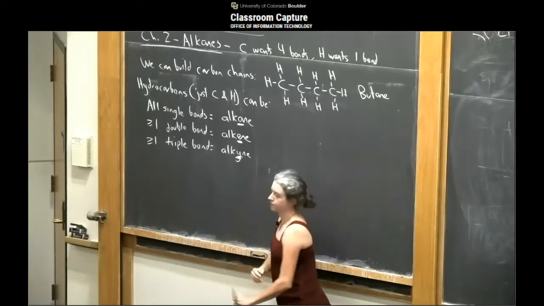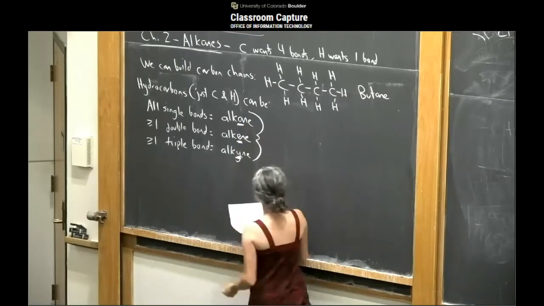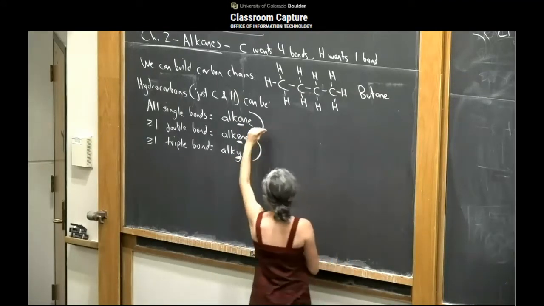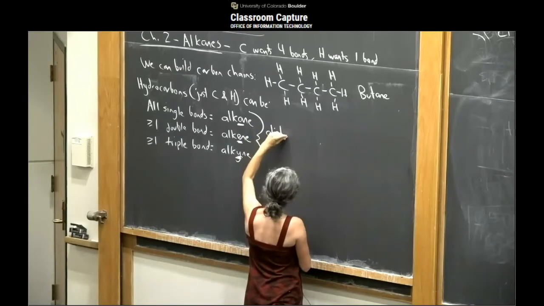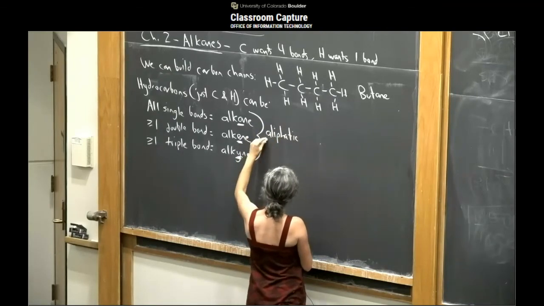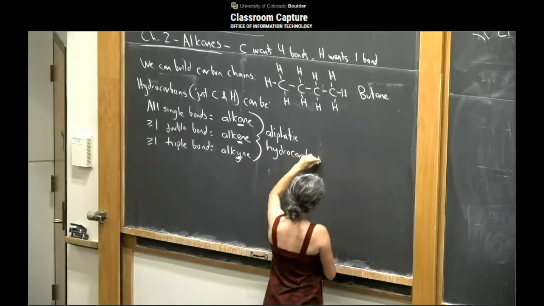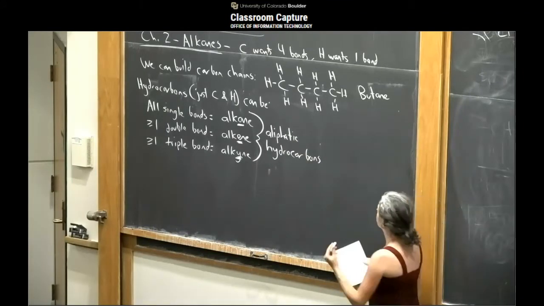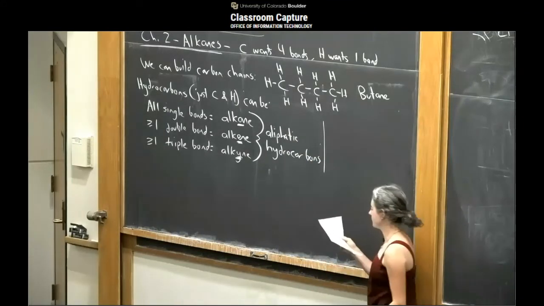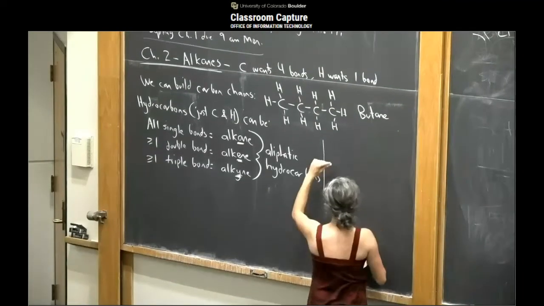So all three of these groups, though, still fall under the same umbrella, which is aliphatic hydrocarbons. And we use that name to distinguish them from the other part of hydrocarbons, which are aromatic hydrocarbons.